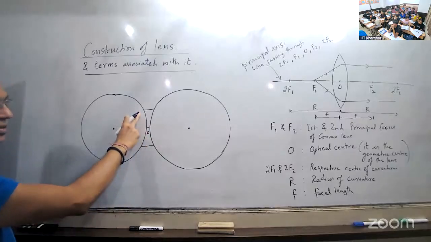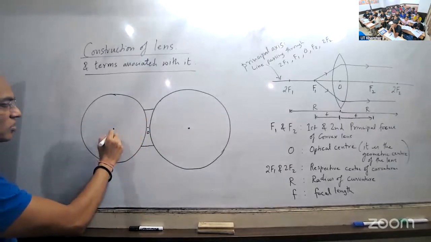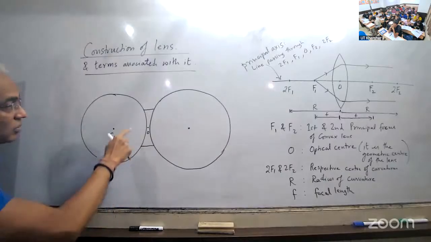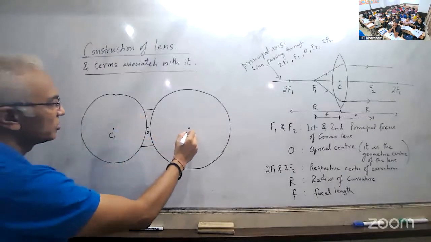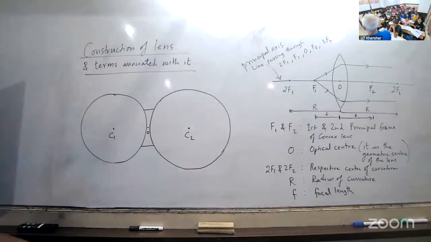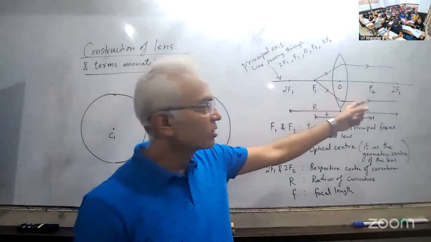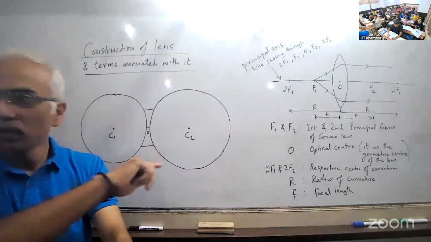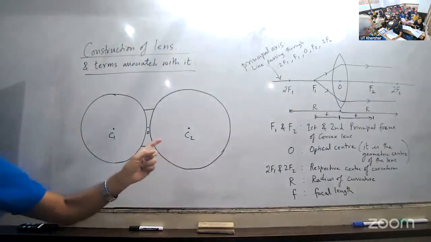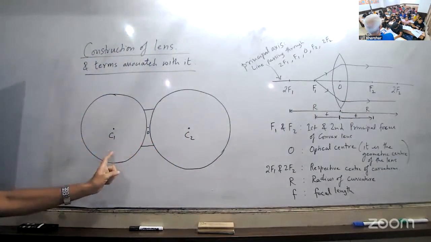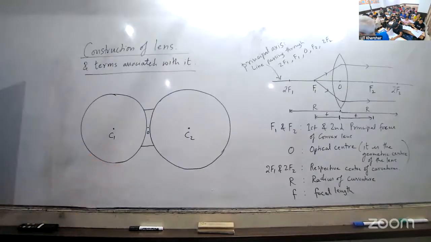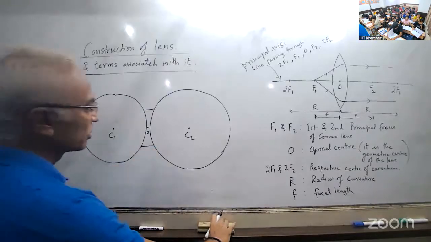Now what is this? This is surface 1, so this becomes C1, first surface C1. This becomes C2. So this should give you the clue that the principal focuses for a concave lens will be different. Okay, you get the clue? So now you have different principal focuses.